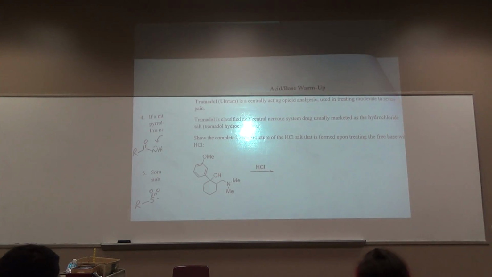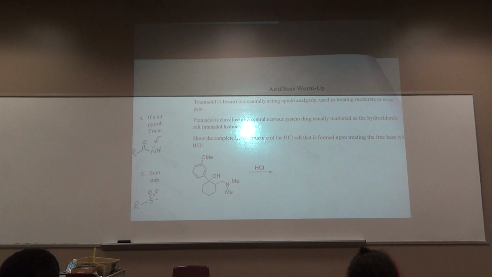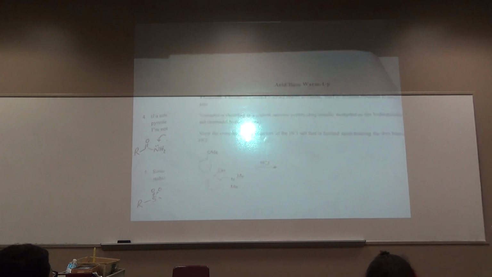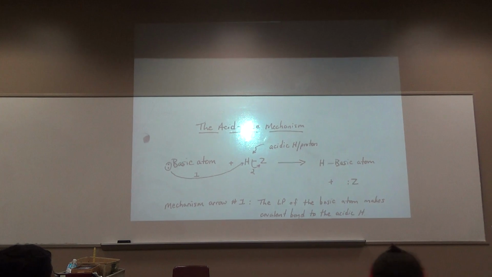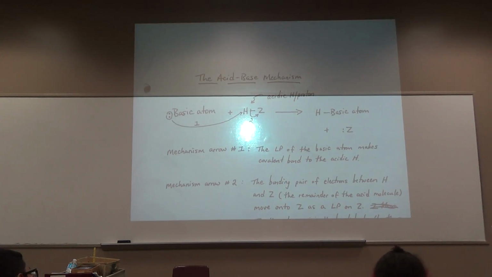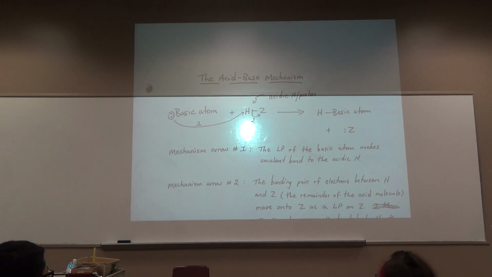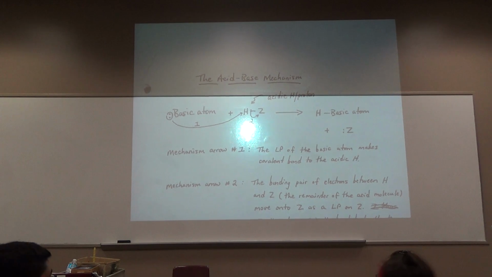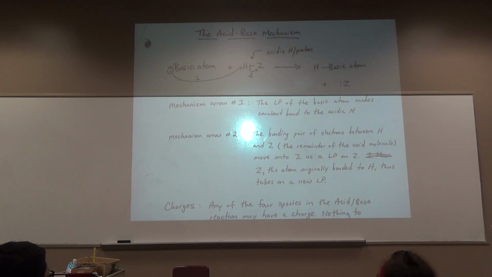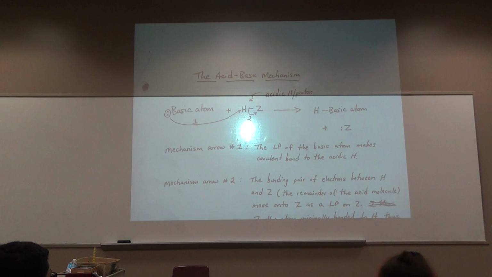Very straightforward. You need to be able to show such reaction products for test one. The acid-base mechanism: I believe we looked at this in lab. Every acid-base reaction you do, you should follow the acid-base mechanism to predict what's going on and show products. Did we look at that in lab? Yeah?